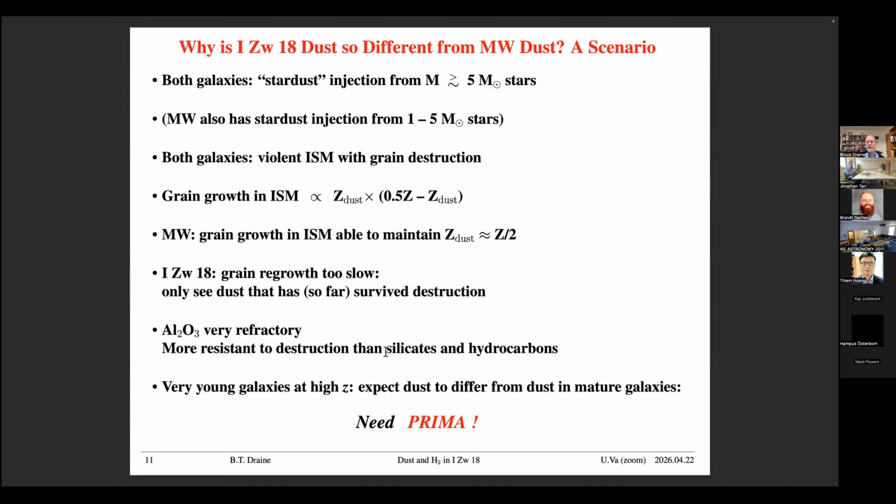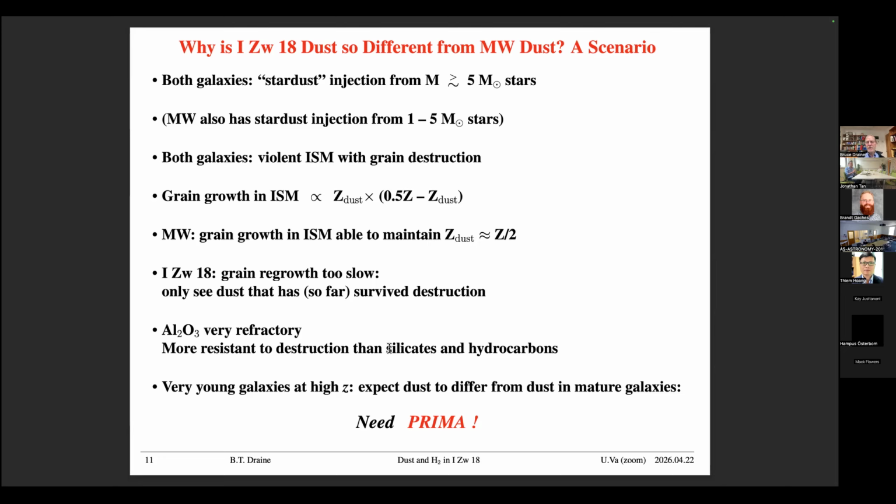But you might have expected some similarities, but nevertheless, we don't see any evidence of silicates, and we don't see Al2O3 in our interstellar medium in amounts large enough to detect. We find it in a meteorite, but no evidence of it in our interstellar medium. So my argument here would be that in 1 Zwicky 18, there are stellar processes making dust.